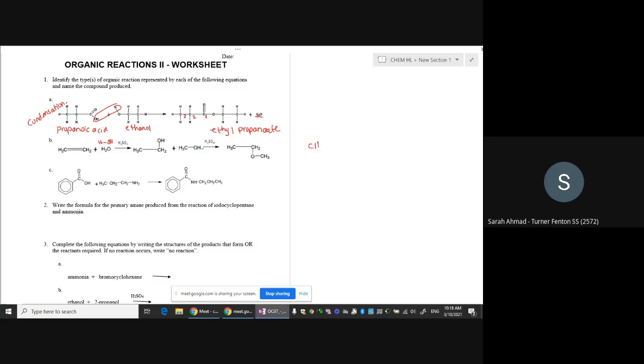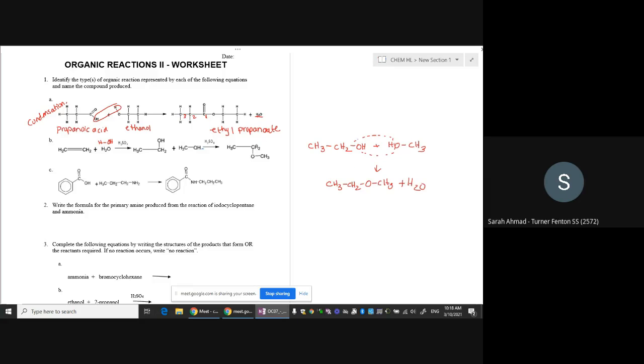So let's investigate. This is your ethanol, and I'm going to horizontally flip this methanol so it looks this way. If I were to remove the water, then I get back an ether plus some water.